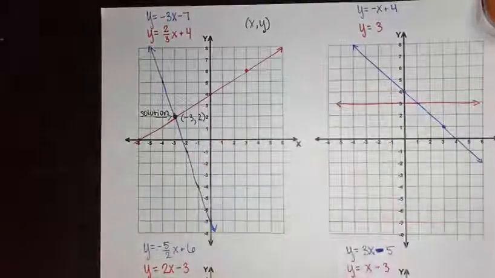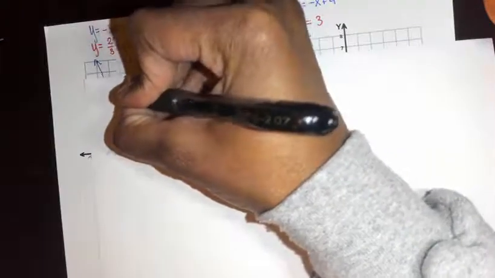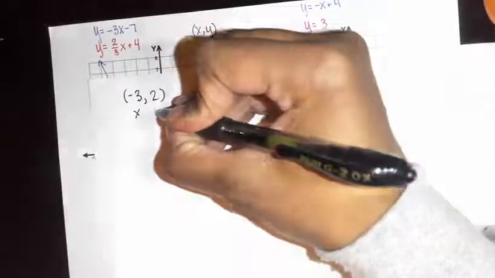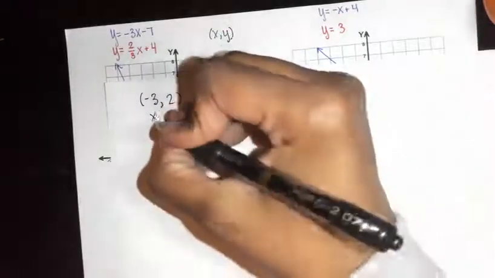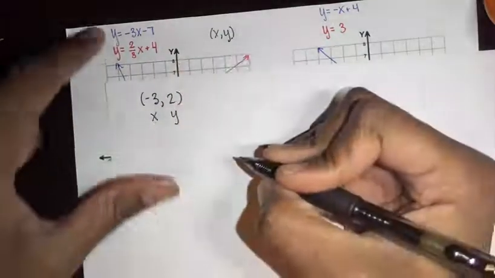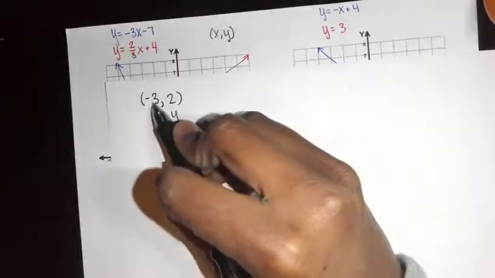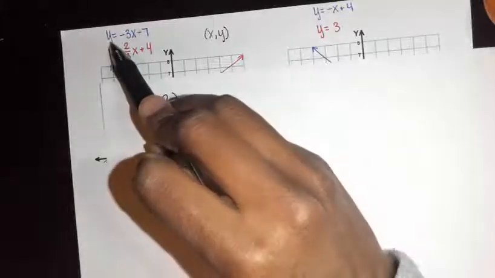So remember that I got the solution of negative 3, 2, where negative 3 is my x and 2 is my y. And I want to verify that that is the solution to both of my equations here by plugging negative 3 in where x goes and 2 in where y goes.